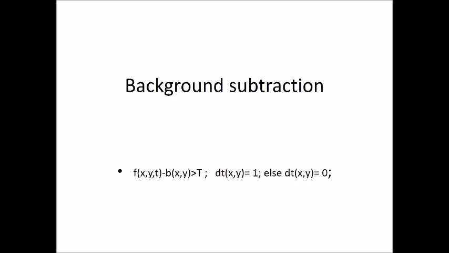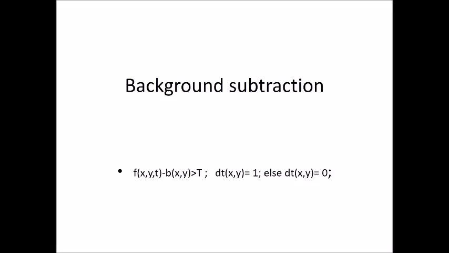The basic principle of the background subtraction method is to first determine a reference background image, then subtract the background frame from the current frame to get the difference image, and compare the difference of gray values between the current image and the background with a threshold t.